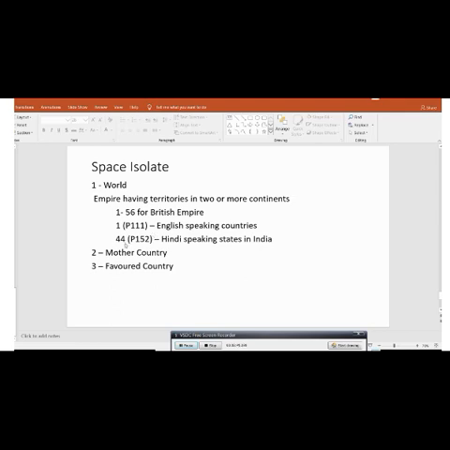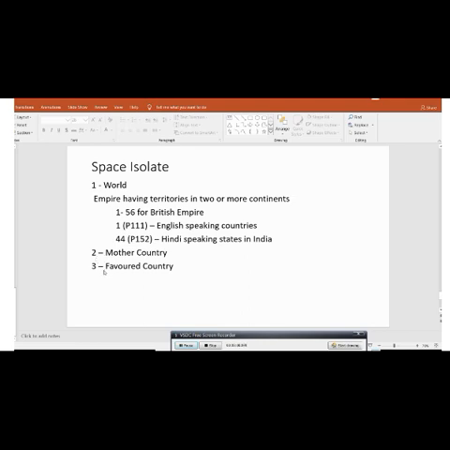Then P111 is the English language number, English speaking peoples. So for example, 44 is the India number, P152 is the Hindi number. So this denotes the Hindi speaking states of India.